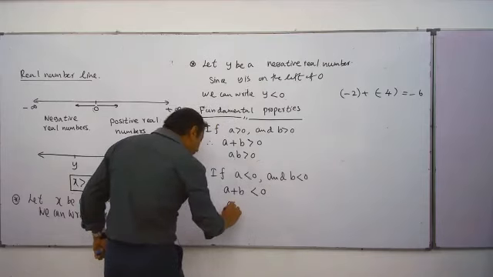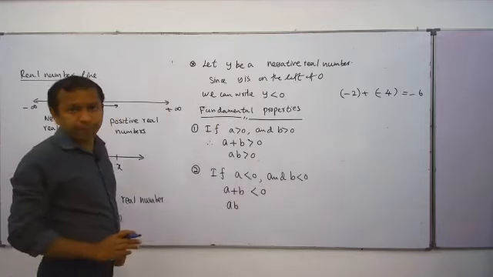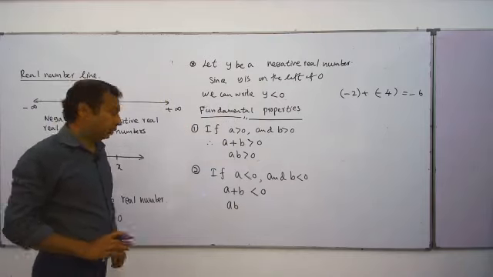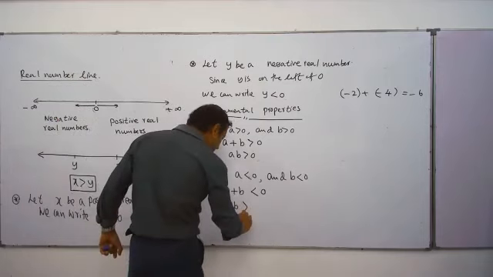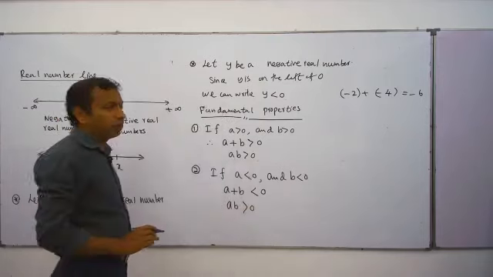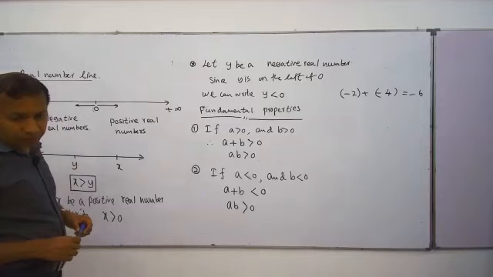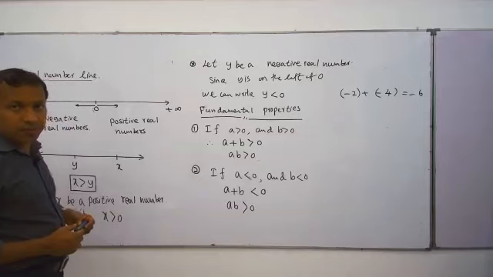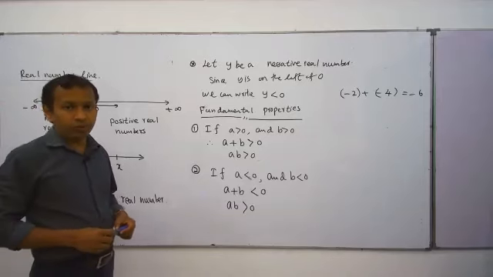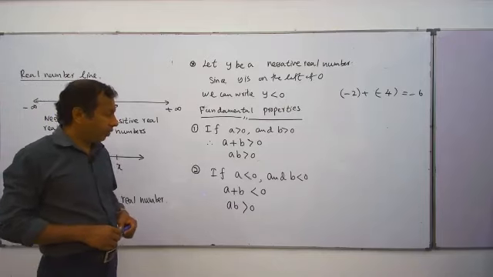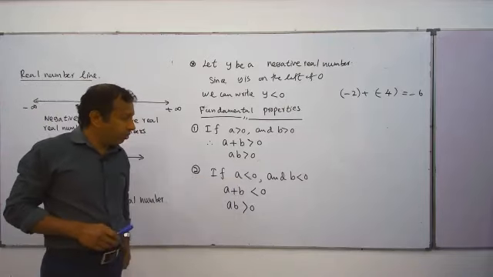And what can we say about the AB product? When we multiply these two negative numbers, the answer is positive. We know that. So if A and B are both negative, A plus B is negative and AB is positive.